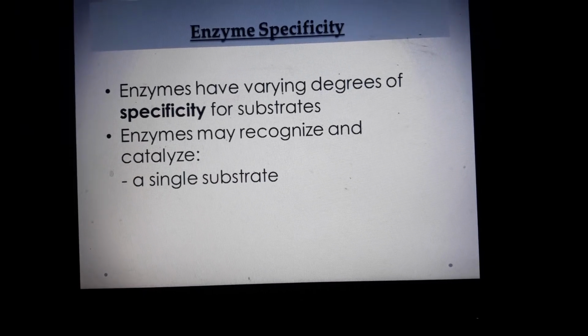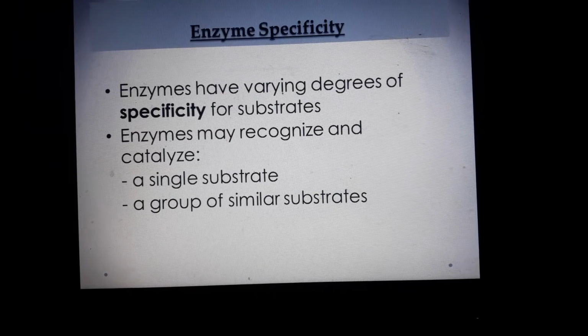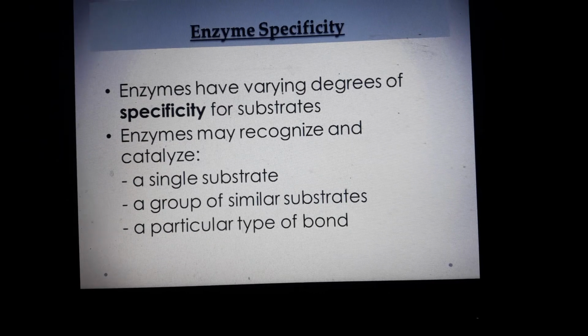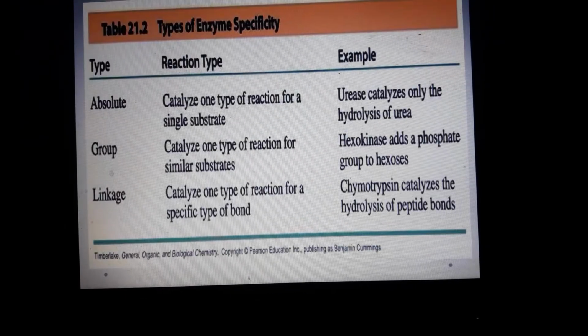Pwede isa lang. Example, single substrate, glucose lang siya. Okay? Or a group of similar substrates, or group of proteins, or group of amino acids, or a particular type of bond. So depende sa particular type of bond. We have covalent bonding, non-covalent bonding, okay.